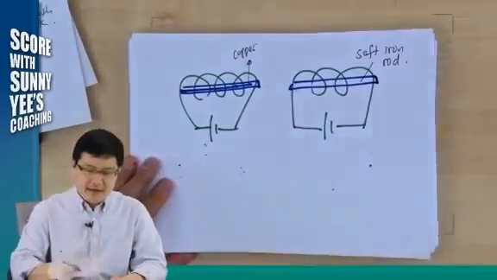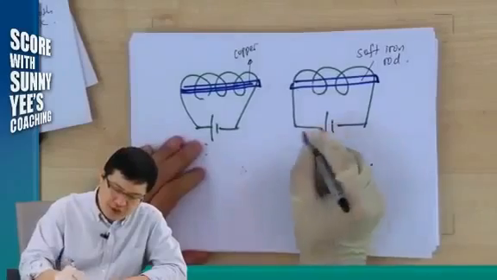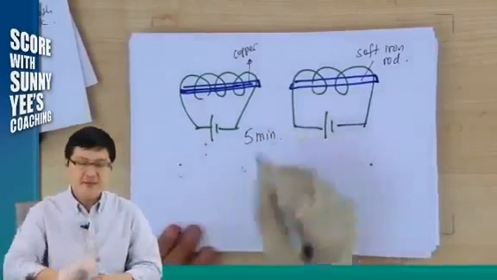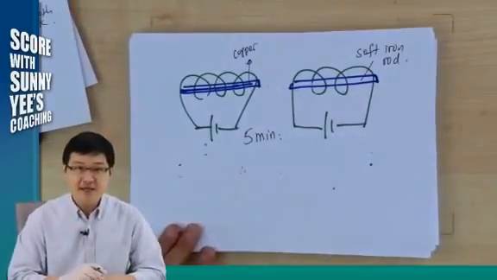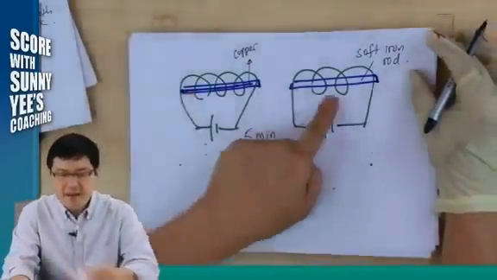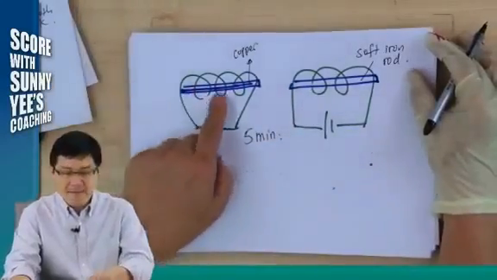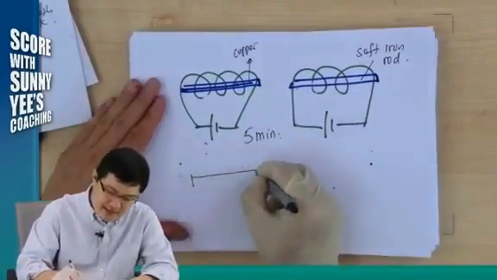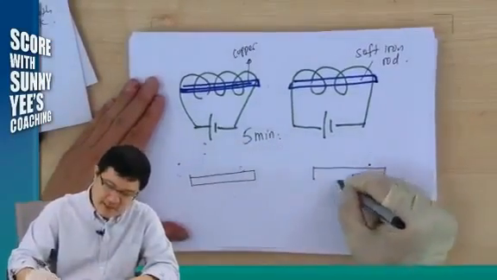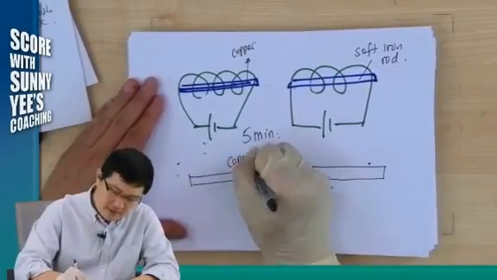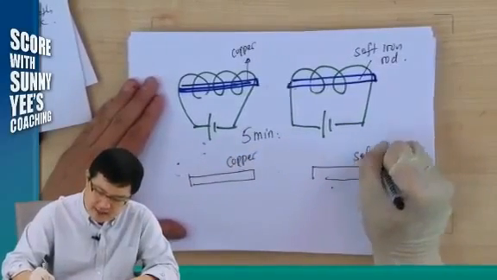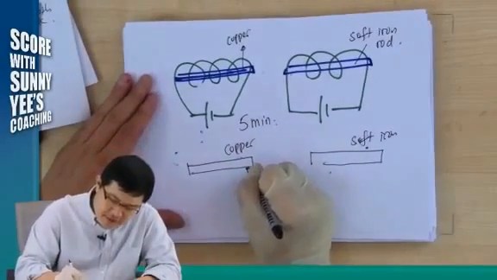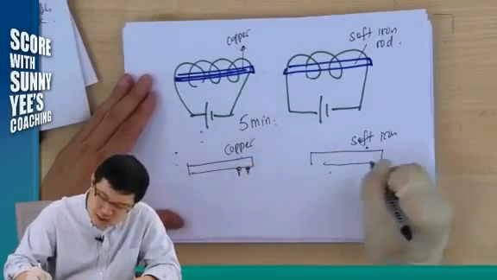And then I close both switches for 5 minutes. After I close them for 5 minutes, both will become temporary magnets. So I remove them out, and this is copper, this is soft iron, and I use thumbtacks. I put 2 thumbtacks here.